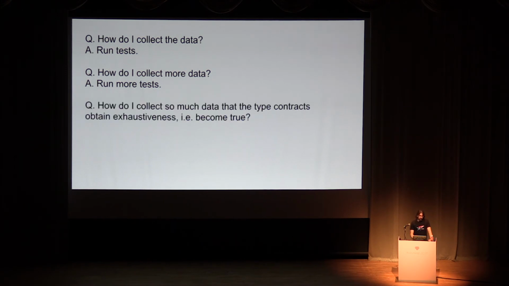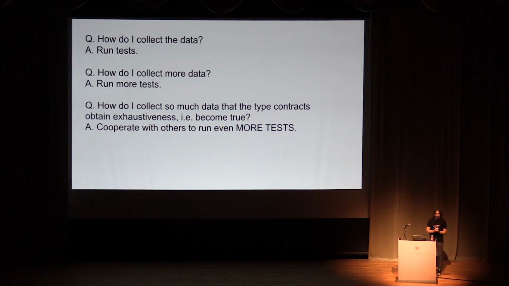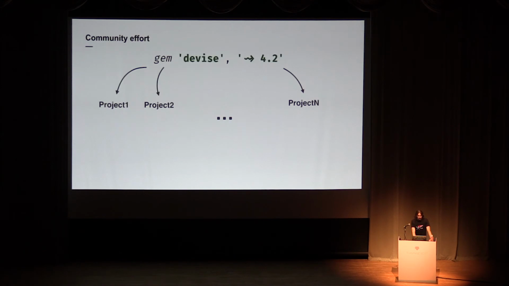And the most important question is how do we collect the data in such a way that the contracts produced by this technique will be the same as if we produce them by analyzing the contents of the methods. So the answer is, yeah, straightforward. You can cooperate with others to run even more tests for the same stuff. So what does cooperate mean here? There are such things as gems, which everybody uses.